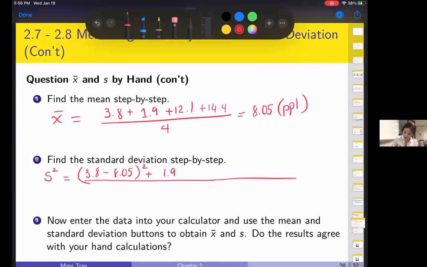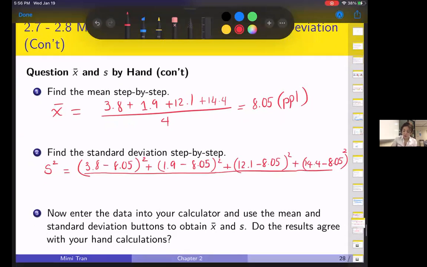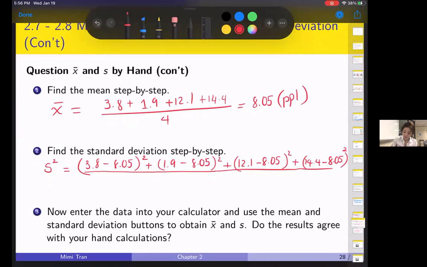Plus 1.9 minus 8.05 squared plus 12.1 minus 8.05 squared, and the last is 14.4 minus 8.05 squared. And then divided by what? 4 minus 1, which is 3.